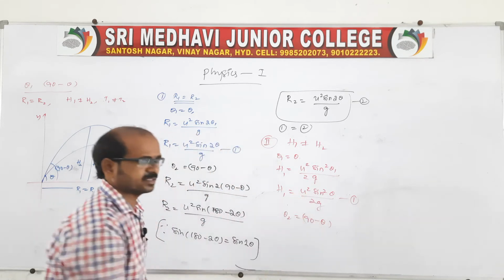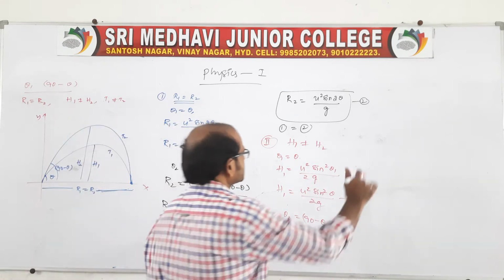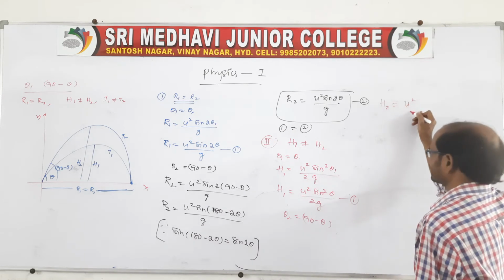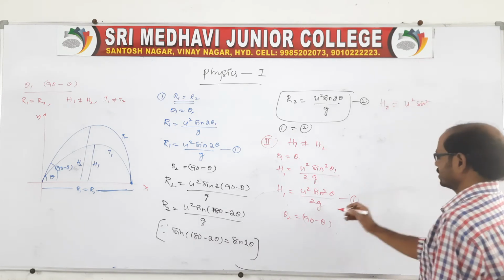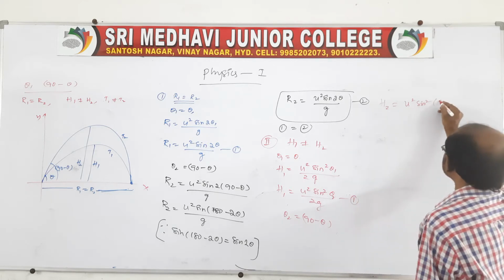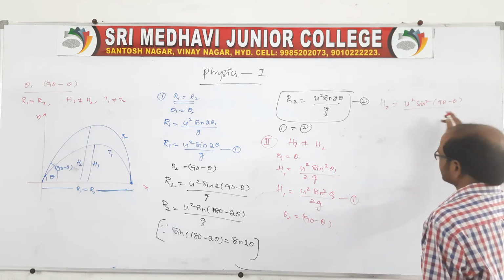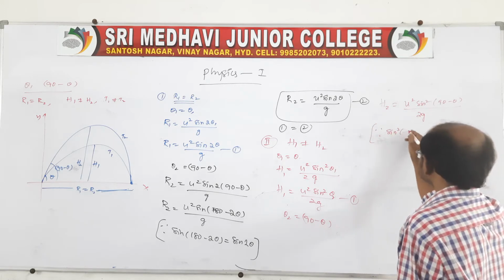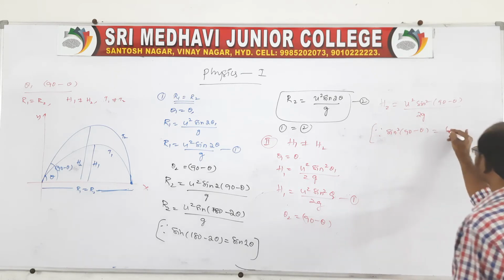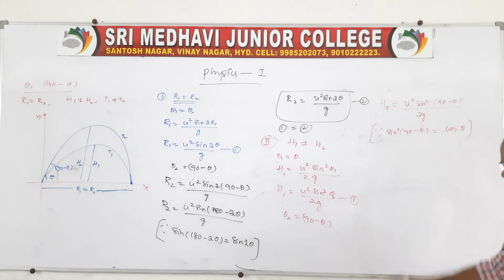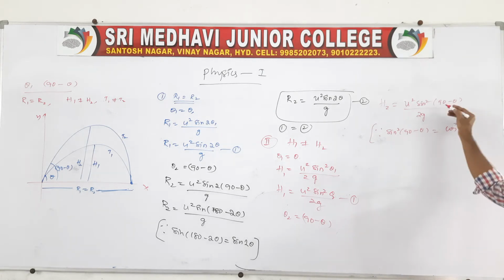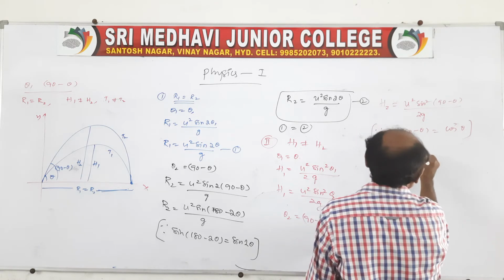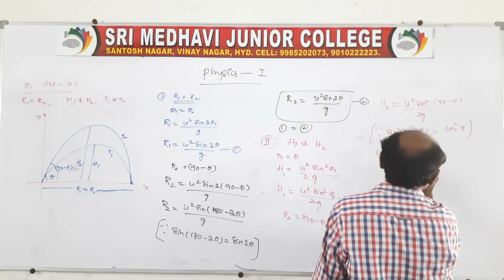Here we will get the main thing. h2 is equal to u square sine square theta 2, that is sine square of 90 minus theta by 2g. Here sine square of 90 minus theta gives cos square theta, so h2 is equal to u square cos square theta by 2g.